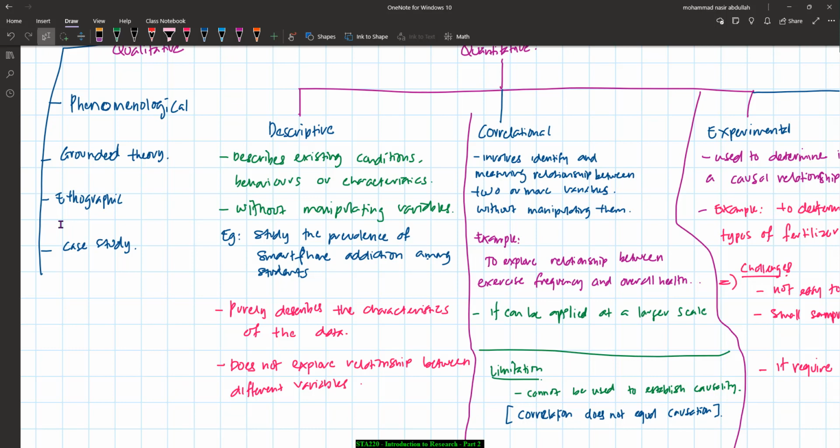So case study can be a single case, multiple case, or both, right? So, not both. They can be single case design, multiple case design, and another one is longitudinal case design. Single case design means you measure a single entity, maybe one person, right? One company, right? One district, right?